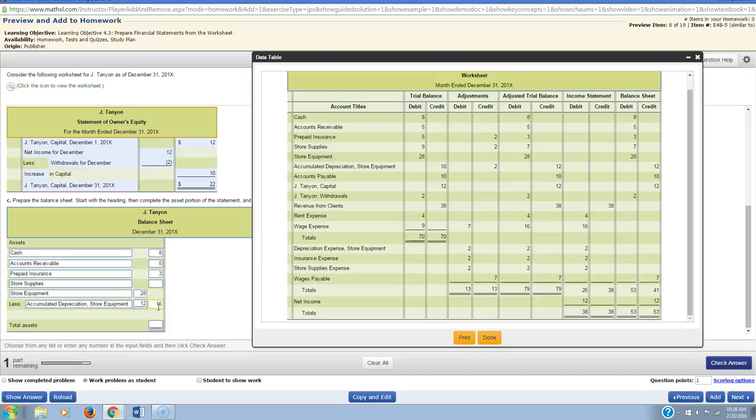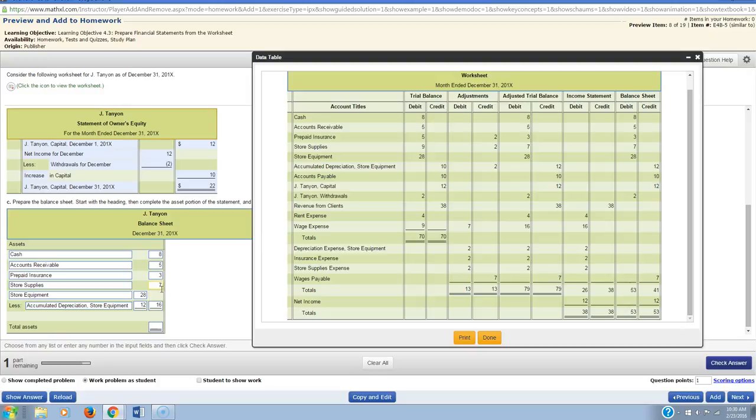There's actually $16 left of the asset that still has to be written off over the remaining part of its useful life. So once we have those assets listed, we have to add them up and get total assets.